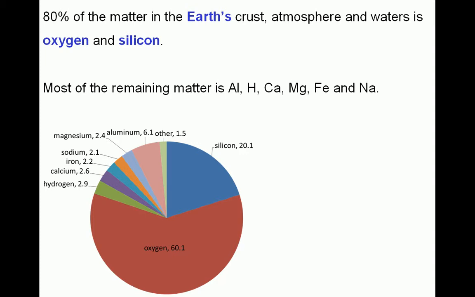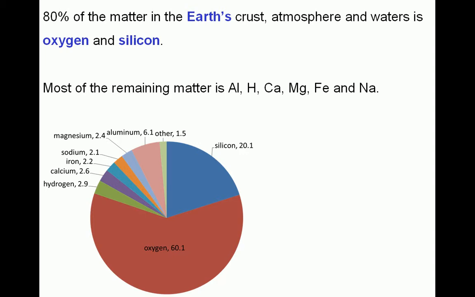So if we look at the outer layer of the Earth where we live, the solid part of that is what we call the crust, and then the gaseous part of that is the atmosphere, and then the waters being the liquid part. We see that most of the matter in the realm where we live is oxygen and silicon. 80% of that matter is either comprised of oxygen atoms or silicon atoms, with 60% being oxygen atoms and about 20% being silicon atoms.